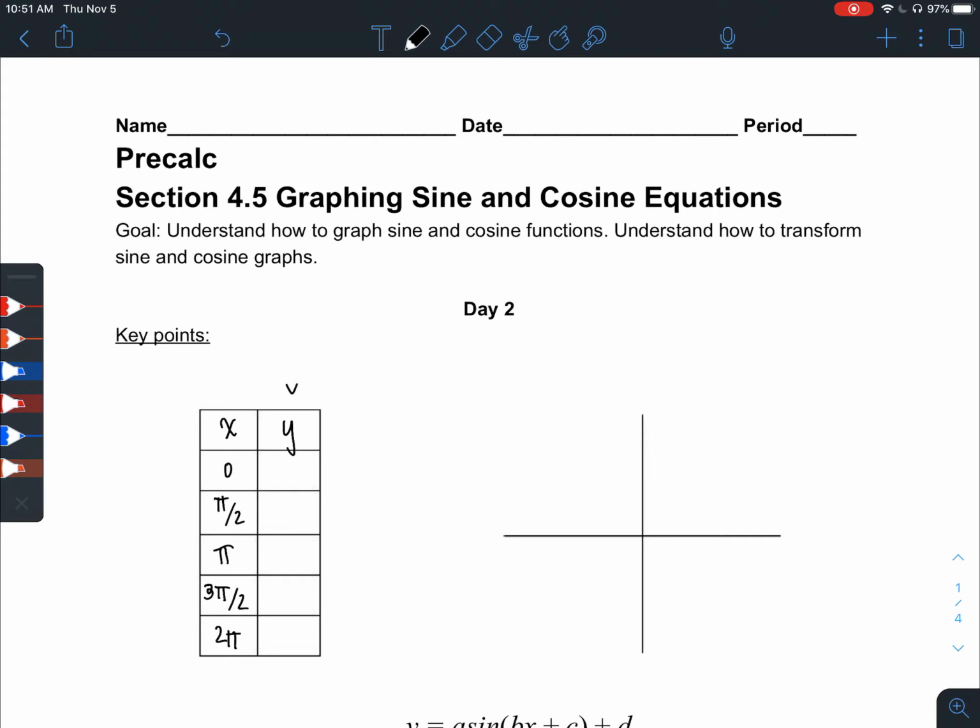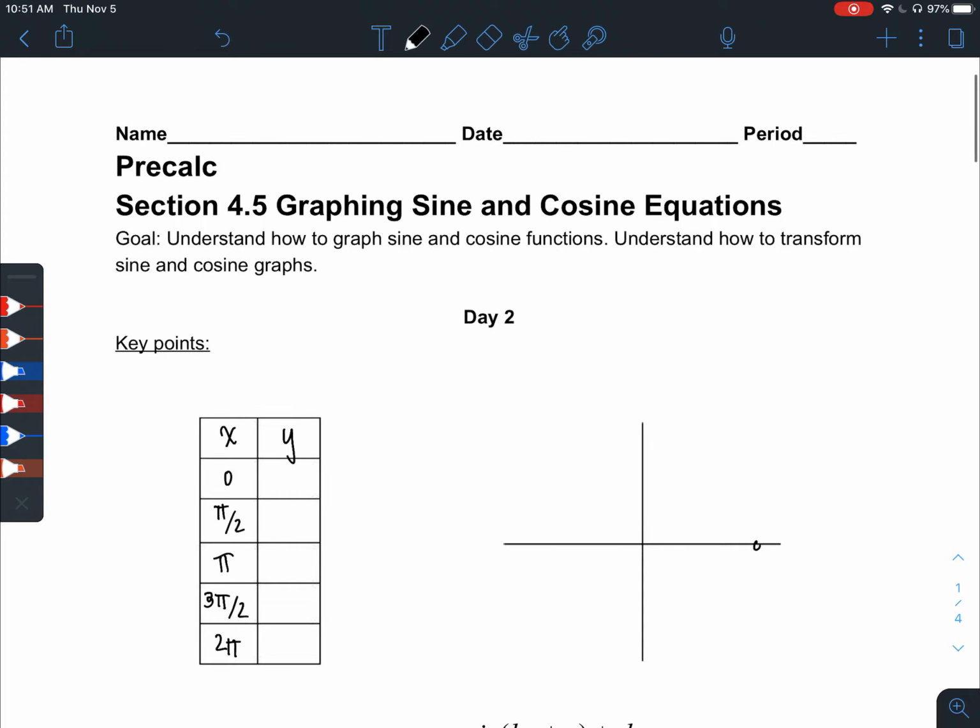And our y values will change depending on if it's sine or cosine. So here we have the points 1, 0, 0, 1, negative 1, 0, and 0, negative 1, where our x values are cosine and our y values are sine.